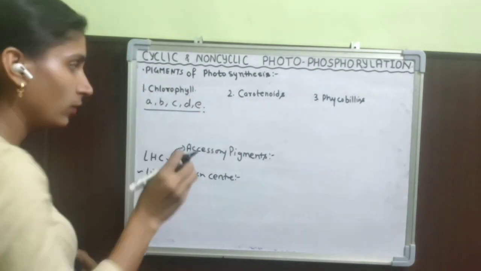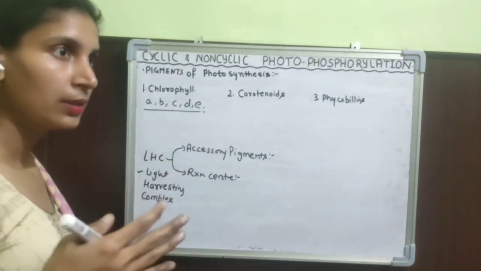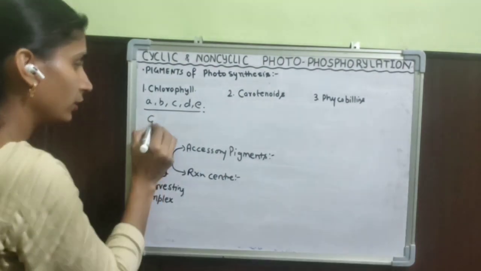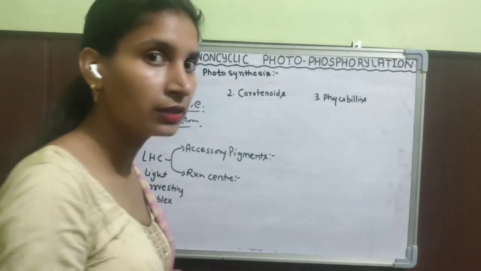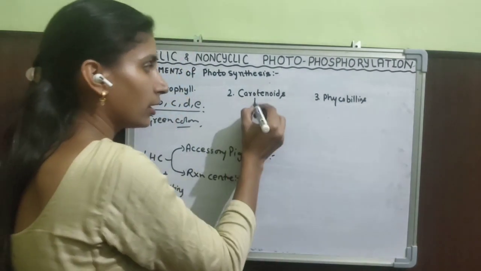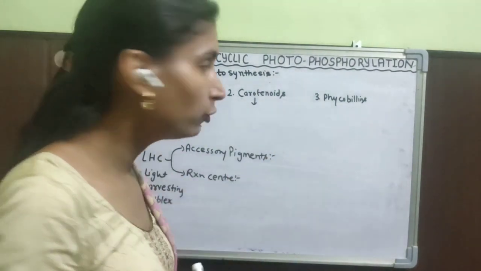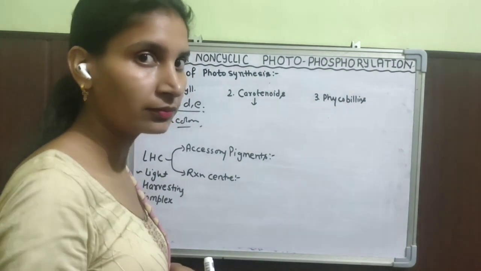Chlorophyll gives various shades of the green color, while carotenoids give a variety of colors, like lycopene found in tomato and carotene in carrot.